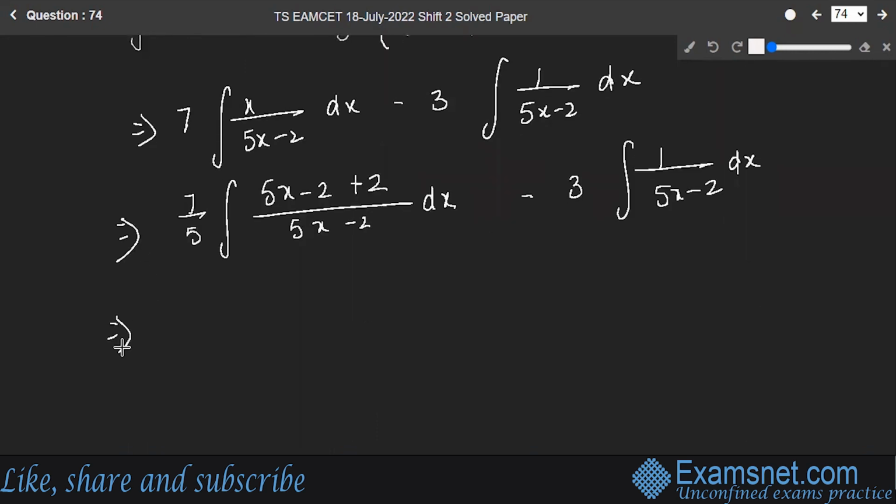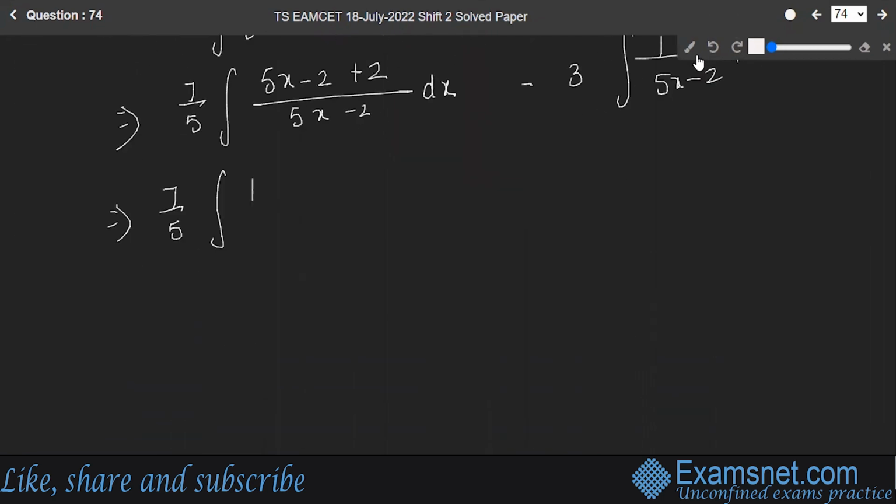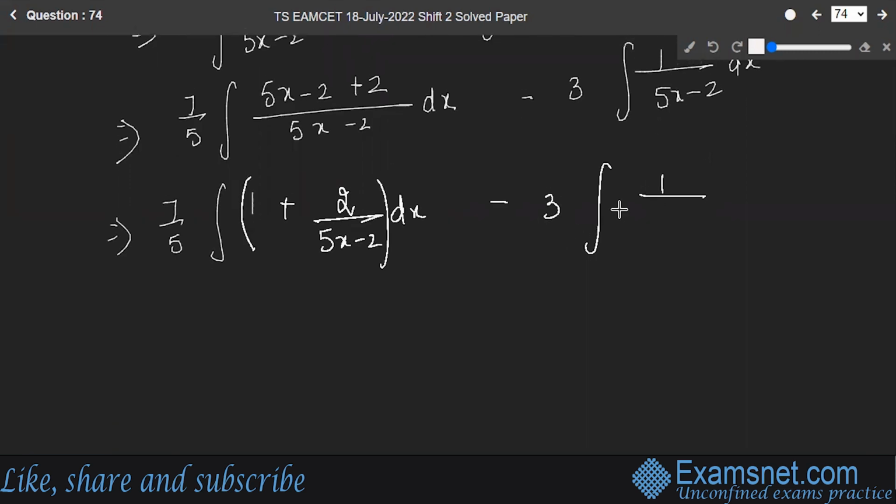So this is equal to 7 by 5 integral of 1 plus 2 upon (5x minus 2) dx minus 3, 1 upon (5x minus 2) dx. That's equal to 7 by 5.